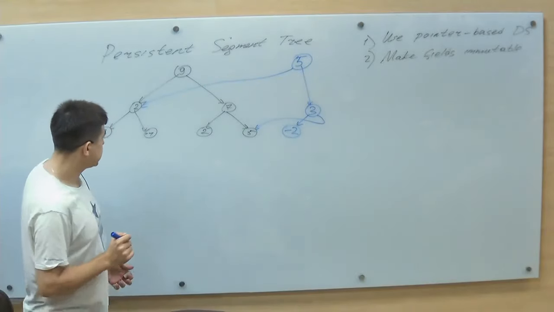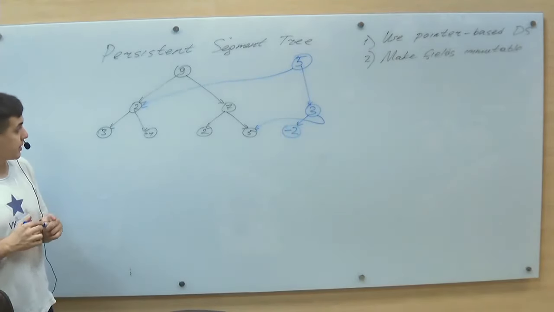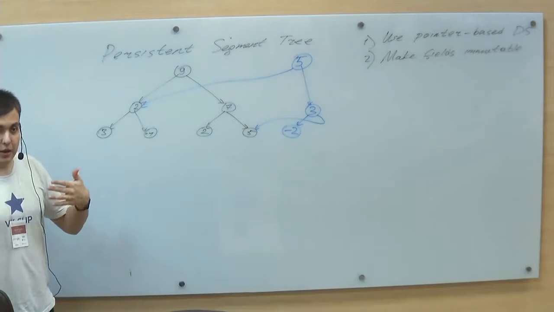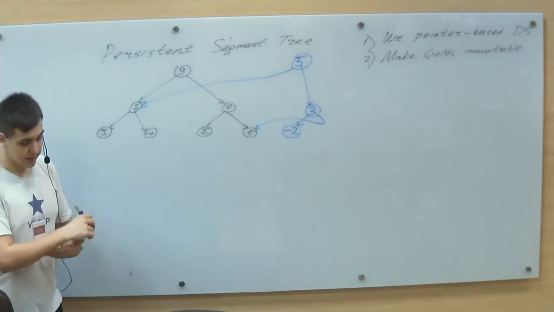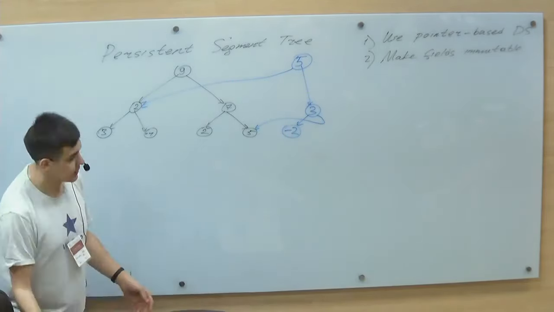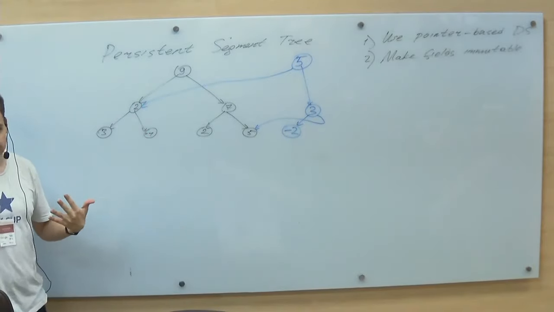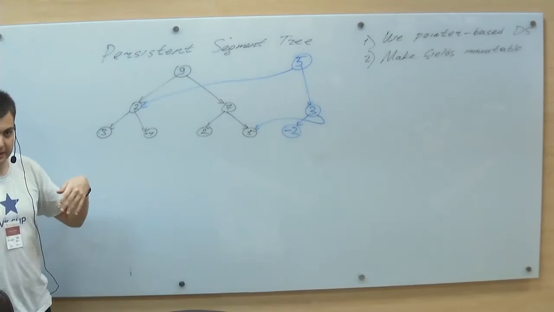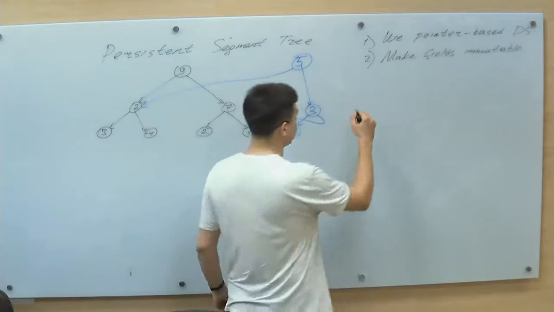By the way, usually we will address the version as the root. So in a persistent segment tree, the version is the same as the pointer to the root.